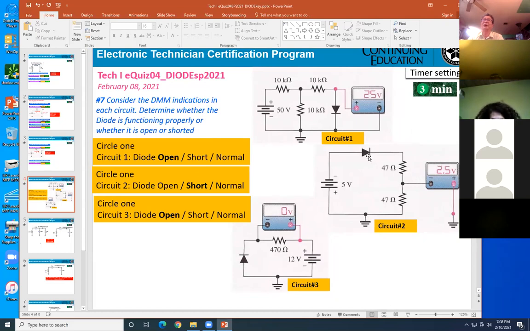If the diode is off, that means it will be open right here, so no current flows and they cannot get 2.5.